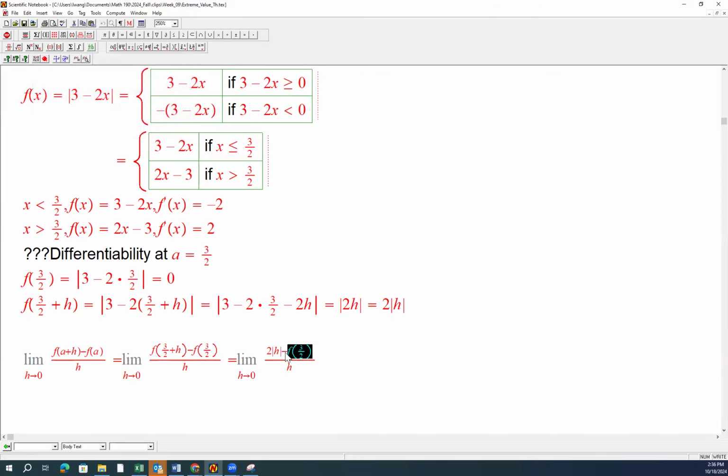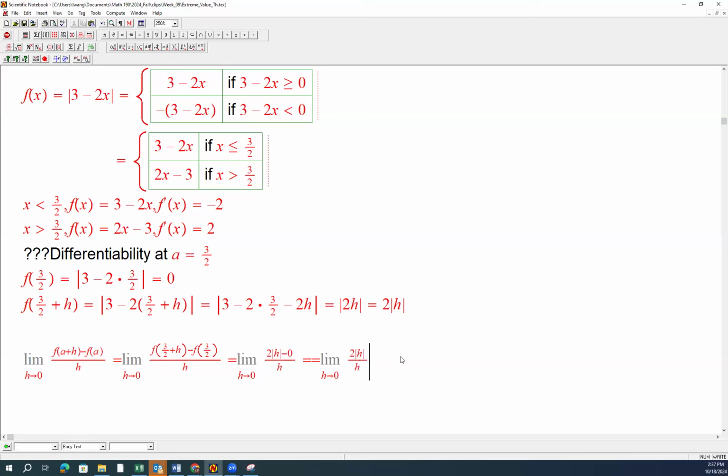And this piece is 0. We have it here. And minus 0, we can drop it. So we ended up with something like this.